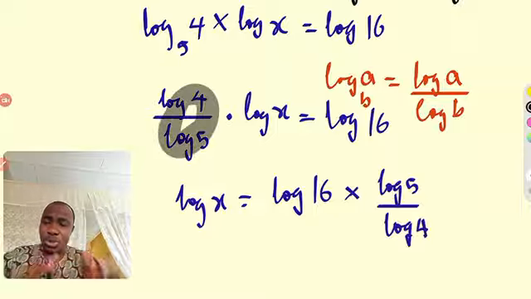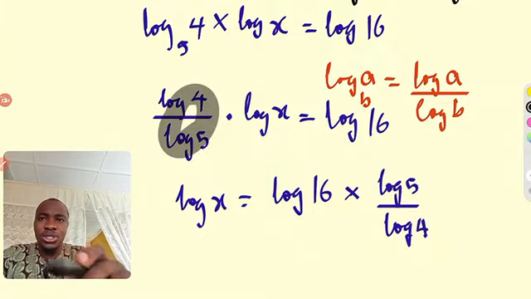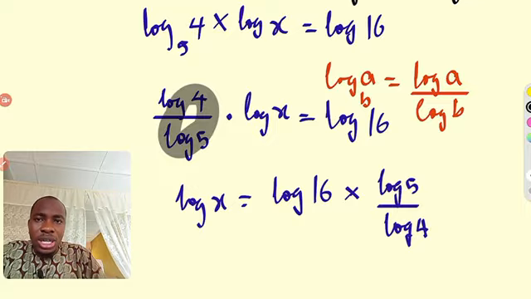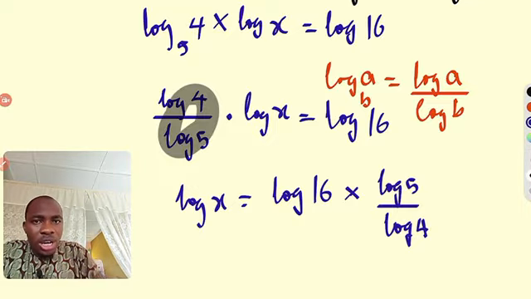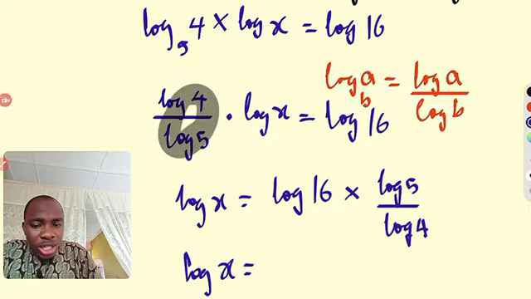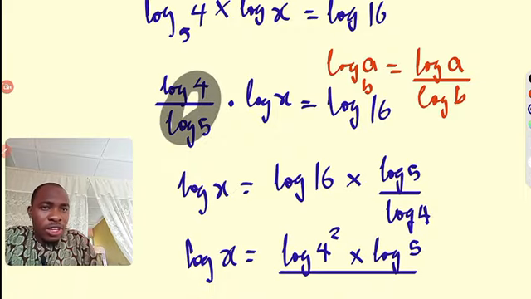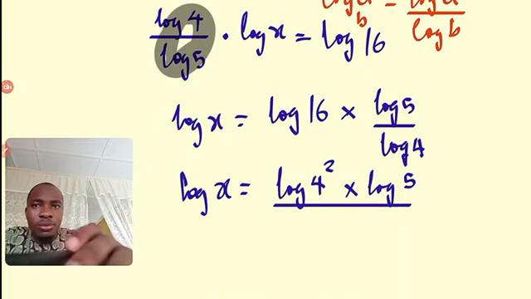Do you understand? It's like we take the reciprocal. So now the next thing we're going to have is log x equals, now this log 16 can be log 4 to the power of 2, multiplied by log 5, all divided by log 4.